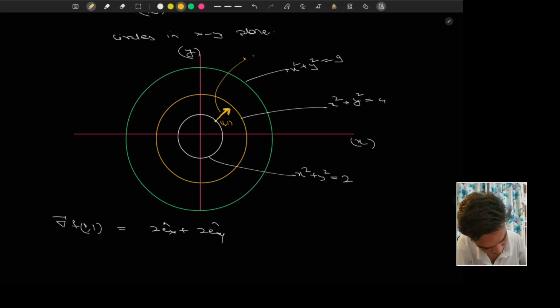These are not drawn to scale, but you get the gist of what I'm talking about.